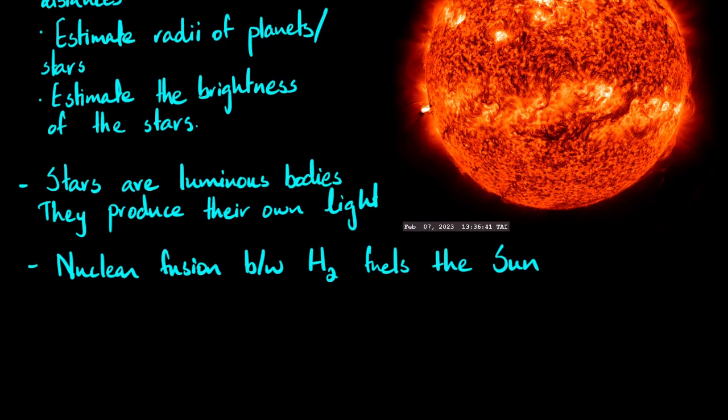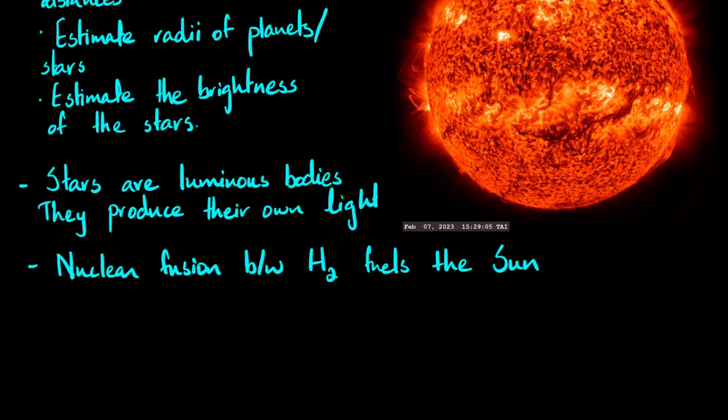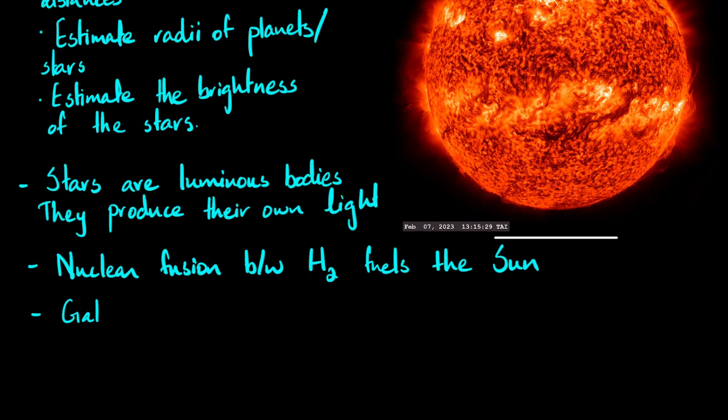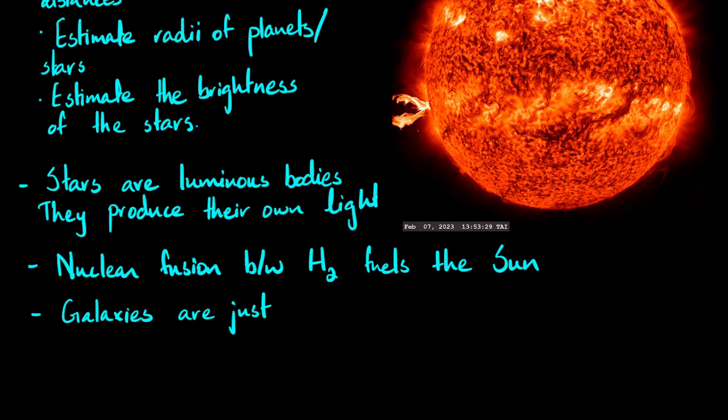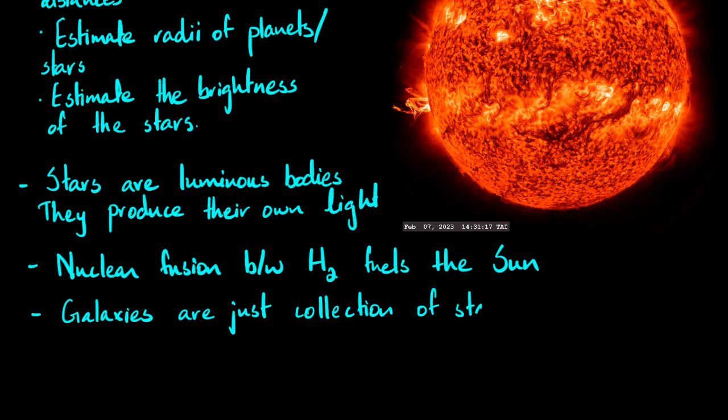Now if we continue with the concepts, something else we were talking about last time was galaxies. So what are galaxies? Galaxies are just collections of stars, planets, and many more celestial bodies.